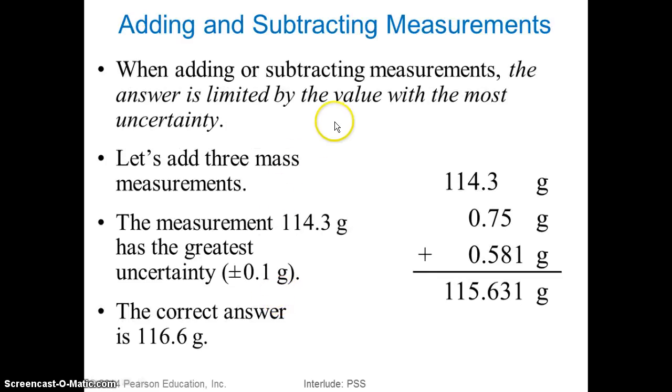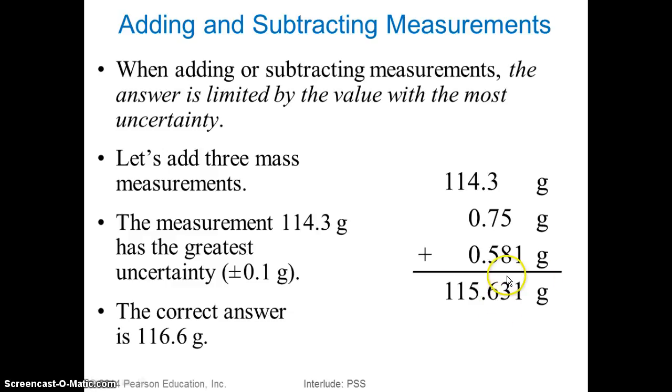Now let's talk about adding and subtracting. When you add or subtract measurements, the answer is limited by the value with the most uncertainty. For example, let's say we are adding 114.3, 0.75 gram and 0.581 gram. You can see the most uncertain value is 114.3. It has the greatest uncertainty, plus or minus 0.1 gram.